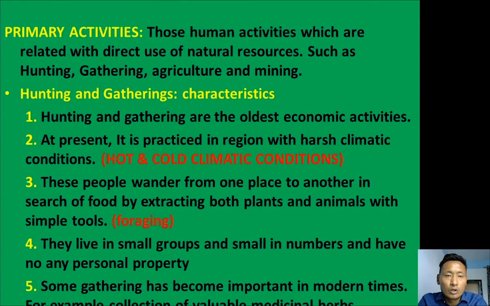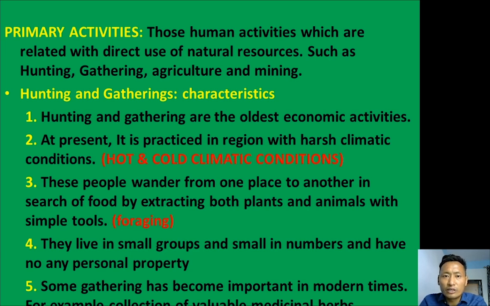Next, the most important thing that we need to know is what is meant by primary activities. Primary activities means those human activities which are related with the direct use of natural resources, or those human activities which are directly related with the use of physical environment.